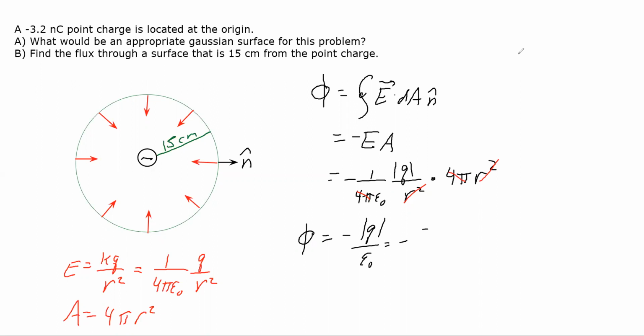So we get a negative 3.2 nanocoulombs over 8.85 times 10 to the negative 12. Okay, and let's plug that into a calculator. I still need to replace the batteries on my calculator. What do we get there?